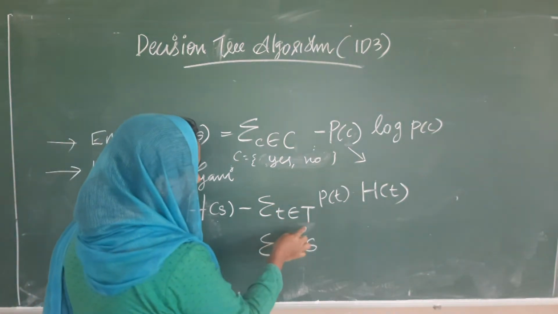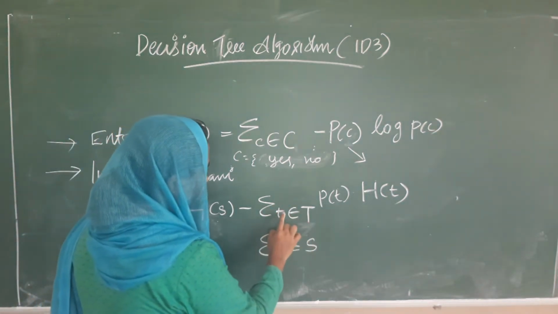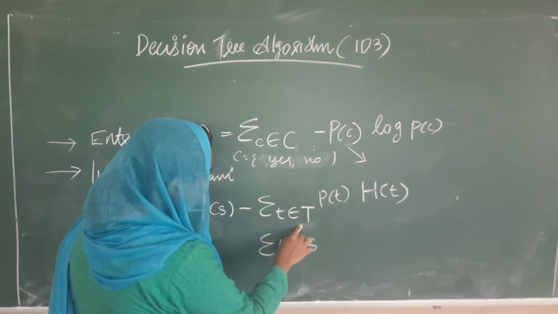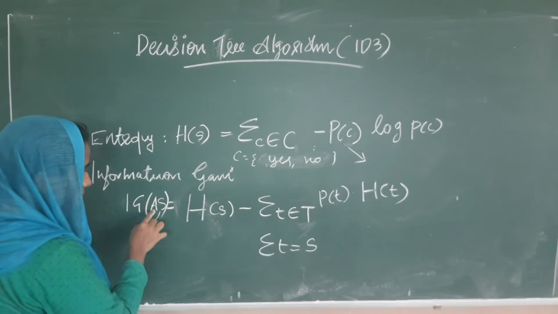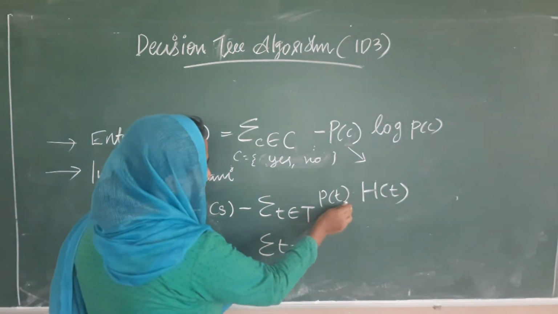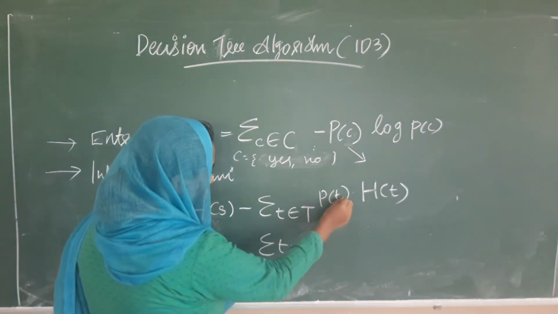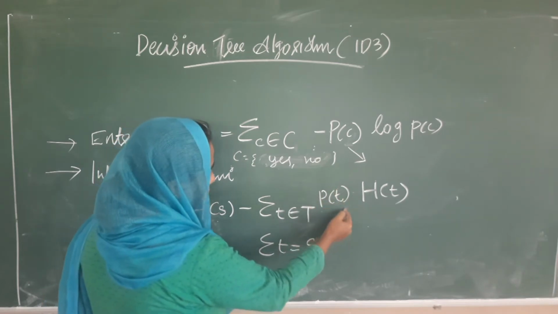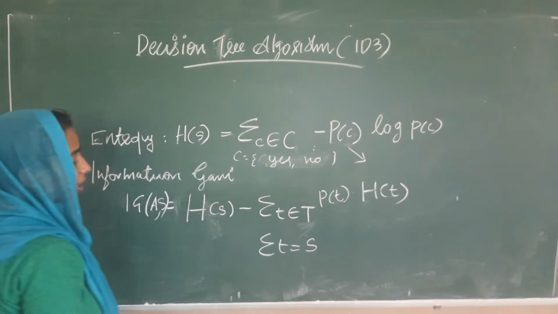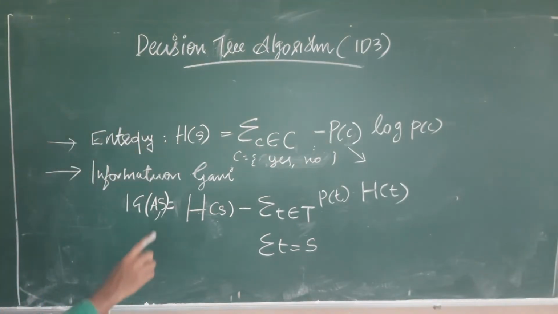So T is, for each class that we get after splitting the tree on attribute A, we are finding out the probability of T, that is the proportion of data points which belong to the class T divided by the total number of data points, into H of T. H of T here is the entropy of the data set.